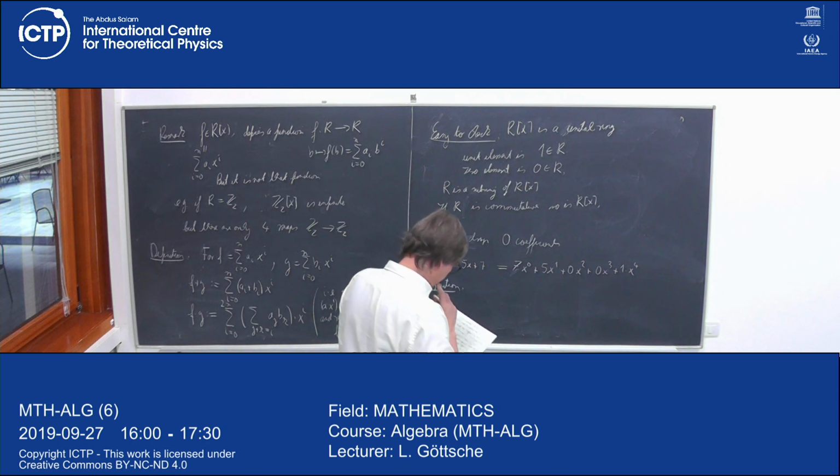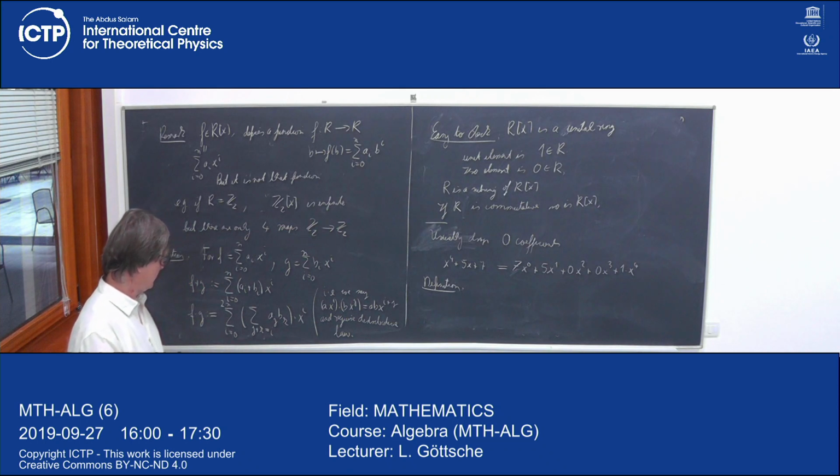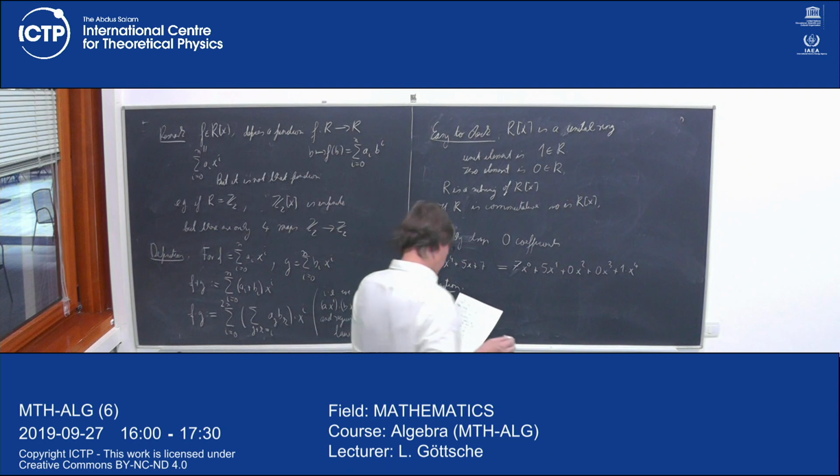So the degree of a polynomial is just the highest power of x where the coefficient is non-zero, so that we can write it like this.